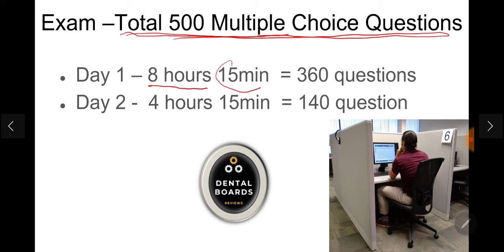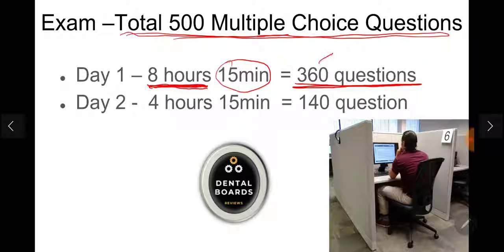The 15 minutes is mostly for instructions that they give you. So 8 hours to answer 360 questions, and there are 4 sections on day one.